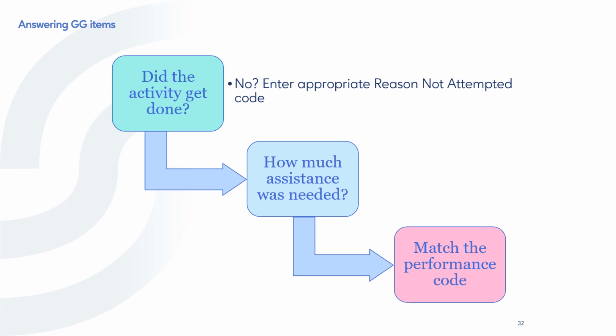How much assistance was needed from that human? And you take that assistance from the human and match the performance code. That's a pretty simple process, and that's the process you want to think through when answering all these GG items: did the activity get done, how much assistance was needed by a human, and match that performance code.